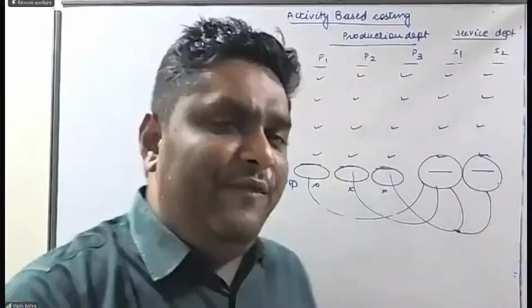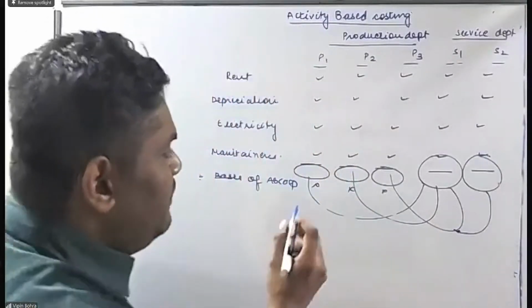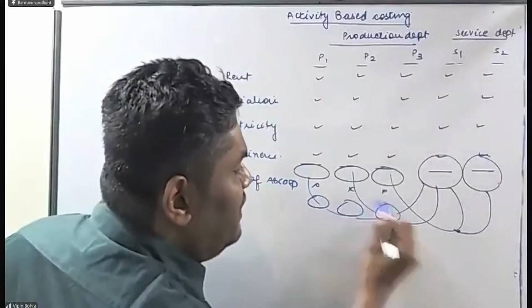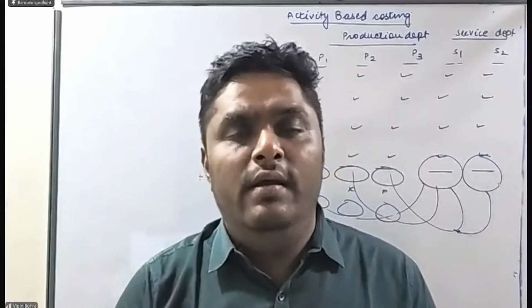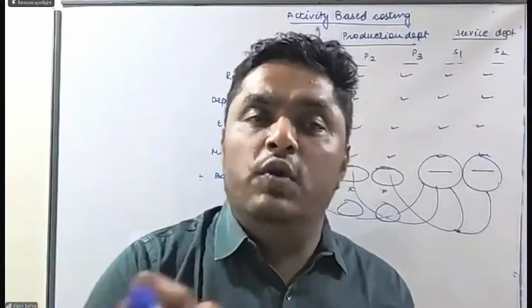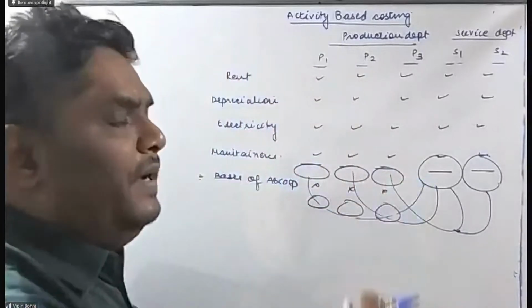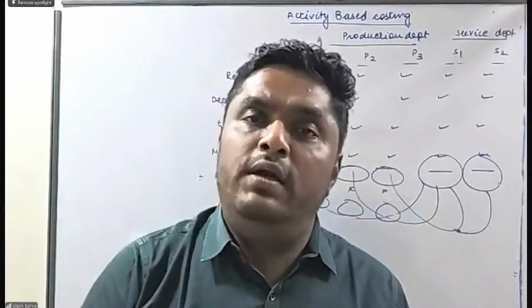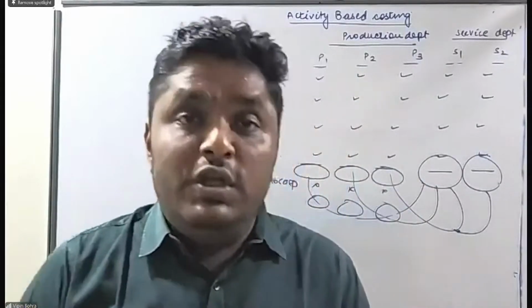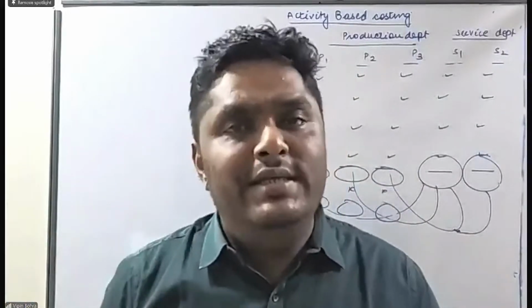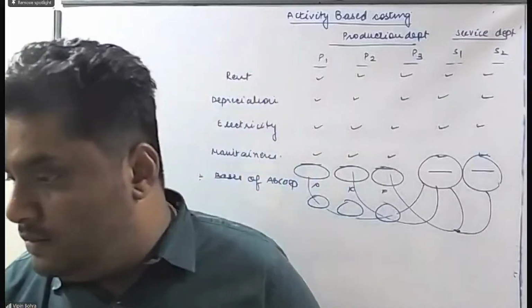And after identifying the basis of absorption, we used to calculate the absorption rate. Once that absorption rate is calculated, we used to charge these overheads of the various production departments to a particular product or to a particular job to calculate the total cost.